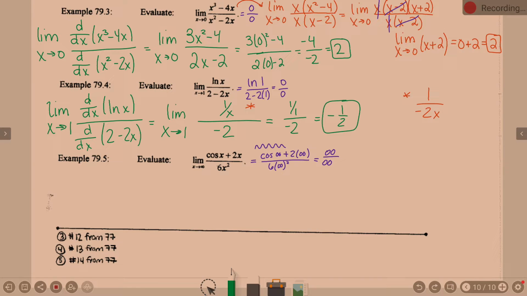Okay, guys, infinity over infinity, that does allow us to apply L'Hopital's rule. The limit as x approaches infinity. And we're going to do the derivative of cosine x plus 2x over the derivative of 6x squared.